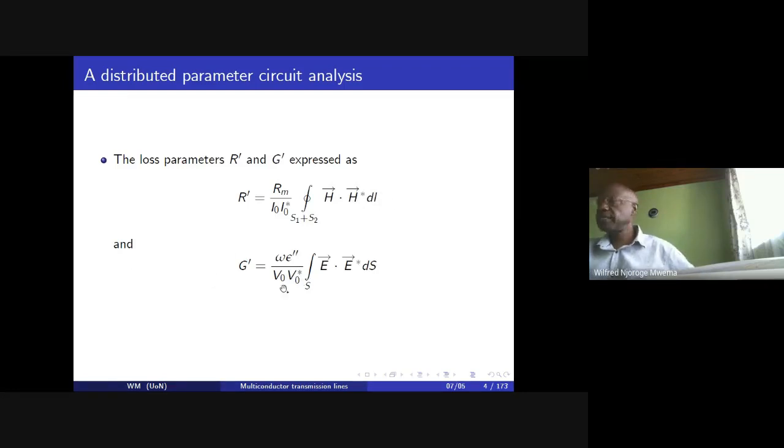For the shunt, we integrate using the displacement current, and we get G prime as omega epsilon double prime over V naught multiplied by V naught star. Remember, V naught and I naught are amplitudes of the voltage and current from the circuit theory problem, and these are the fields.